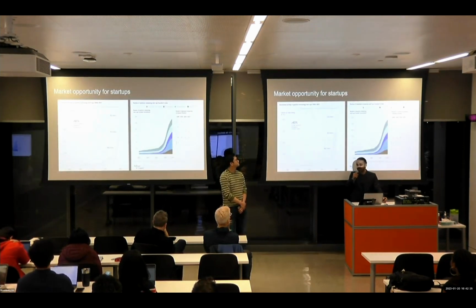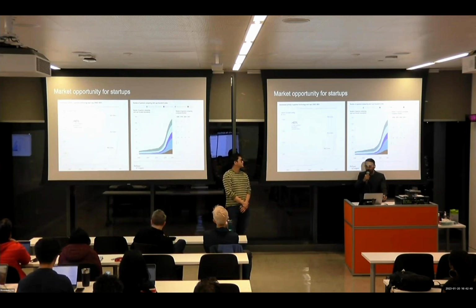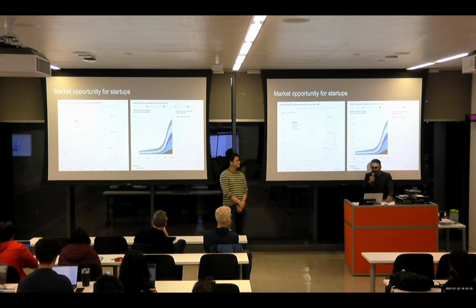So as students, what are the market opportunities for startups? As we can see, from 2021 to 2022, the funding in startups in the quantum space has almost doubled, from 0.7 billion to $1.4 billion. So there's obviously traction in this space, and the areas that are getting traction are on the right side of the screen.